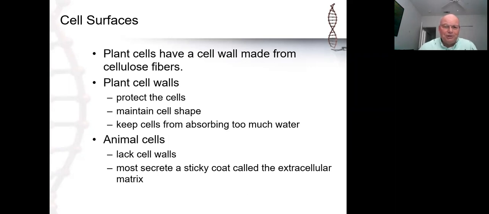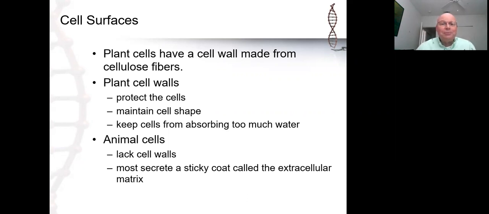It's also the major component of what we refer to as wood. Why? Because wood is plant cell walls. So what we call wood, what we cut out of a tree that we refer to as wood, is basically the leftover cell walls after the plant cell itself inside the cell walls dies.